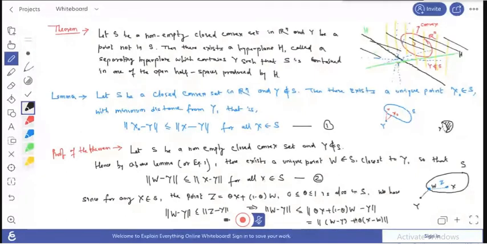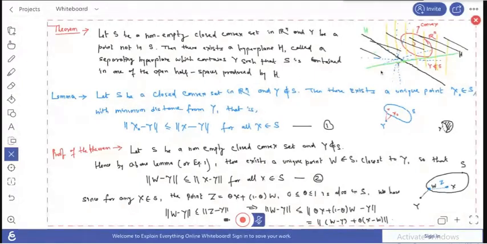This is also equivalent to, on the next page, this term being greater than this term. So we can write the norm of w minus x plus theta times x minus w. This is greater than or equal to this term.